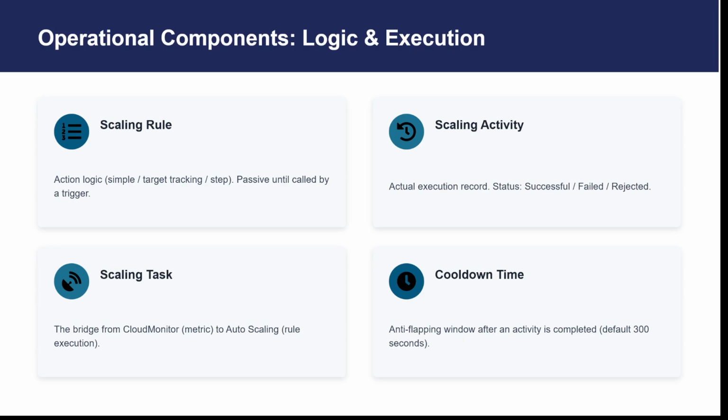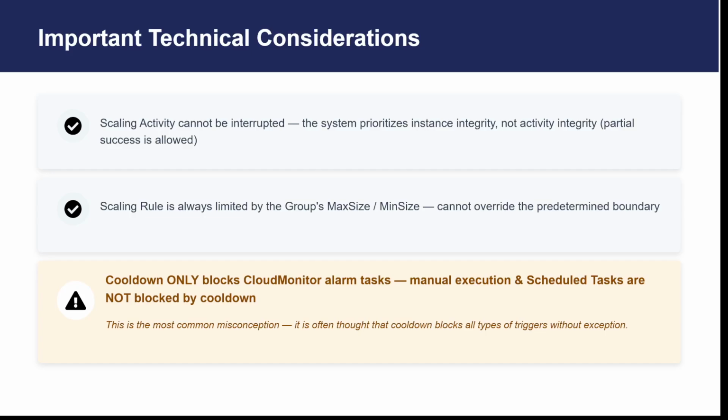Next, scaling task is the bridge between CloudMonitor metrics and auto-scaling rule execution. And cooldown time is the window after an activity completes where the system pauses to prevent repeated back and forth scaling, also known as flapping.